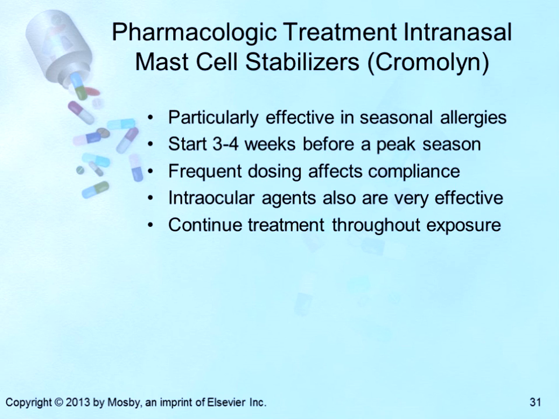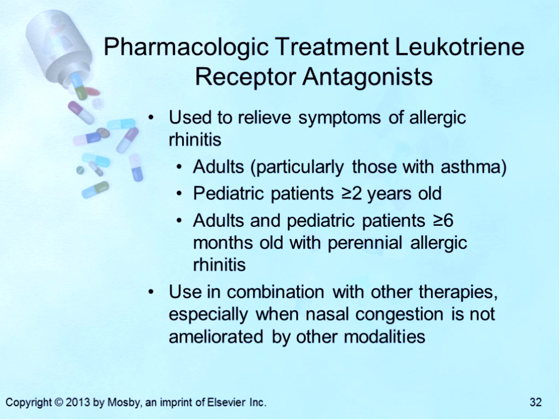Intraocular agents are also very effective. The patient should continue treatment throughout exposure. For allergic rhinitis, effects of the treatment may not appear for 2 to 4 weeks after treatment is first initiated. The need for medication may diminish and it can be discontinued later.